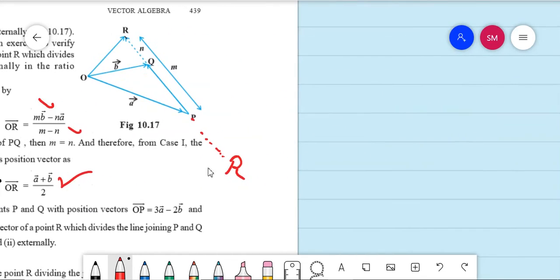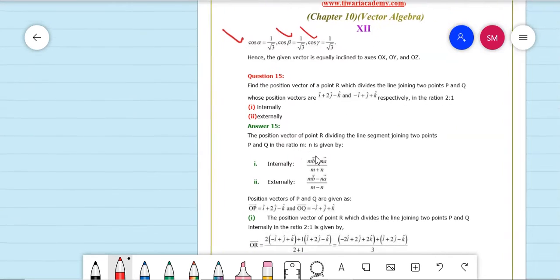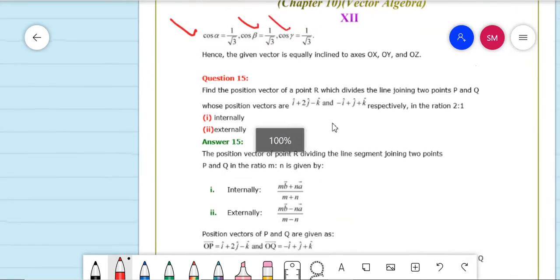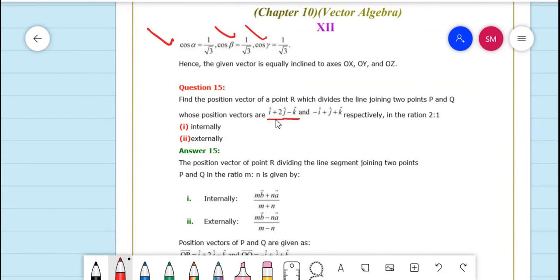Okay, now let us apply this formula in exercise 10.2. Find the position vector of R which divides the line segment joining points P and Q, whose position vectors are given.